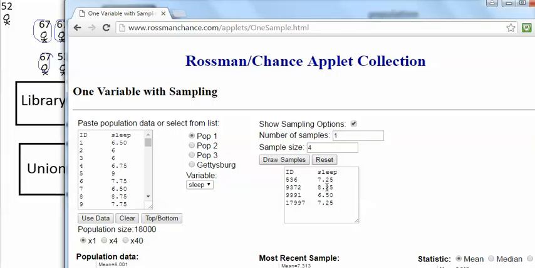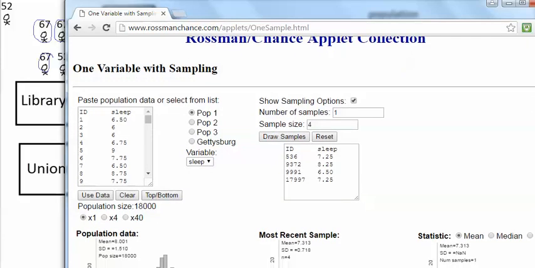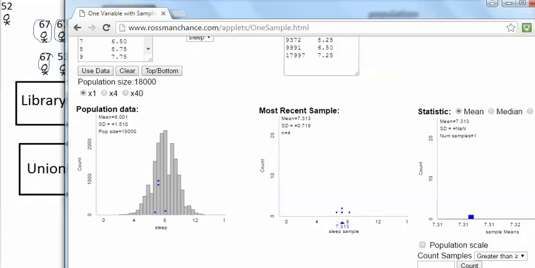So this is my actual data set that I've actually recorded from my sample. And if you add their four answers and divide the total by 4, you get the sample mean. And it tells me what the sample mean equals.